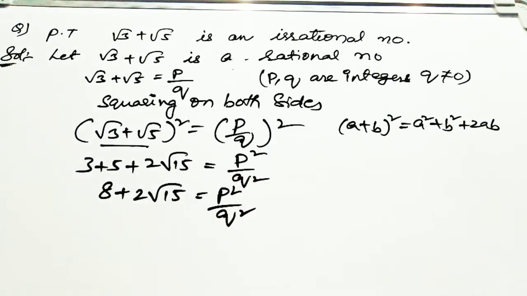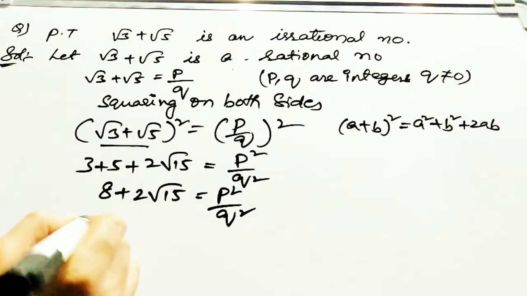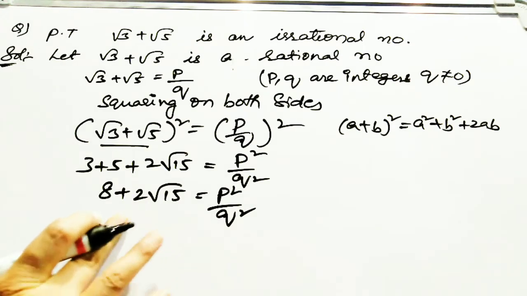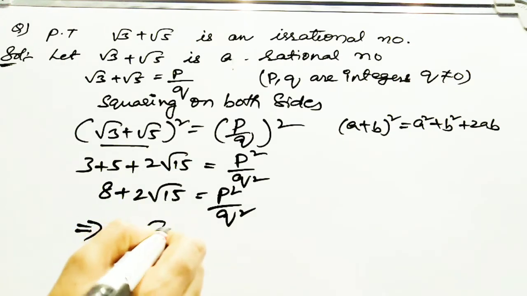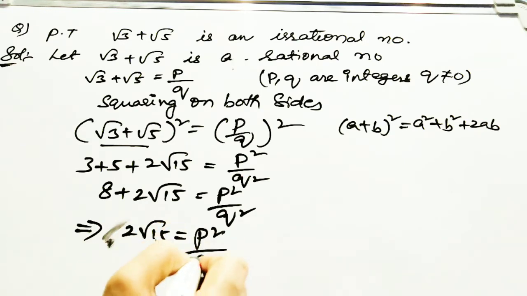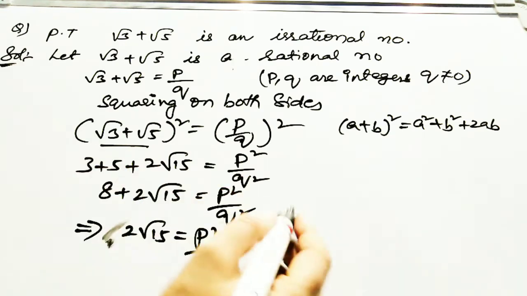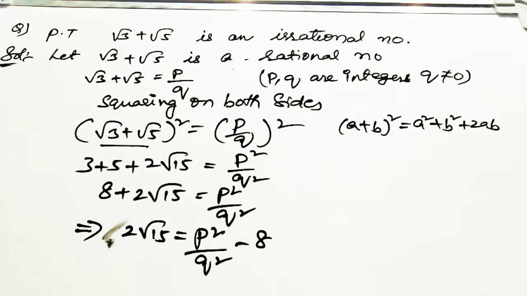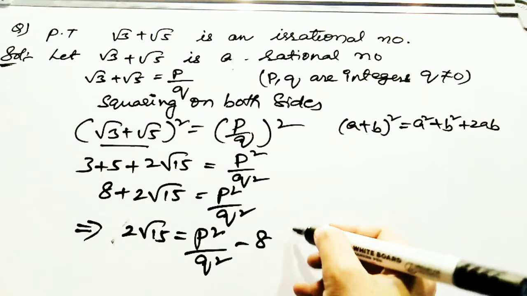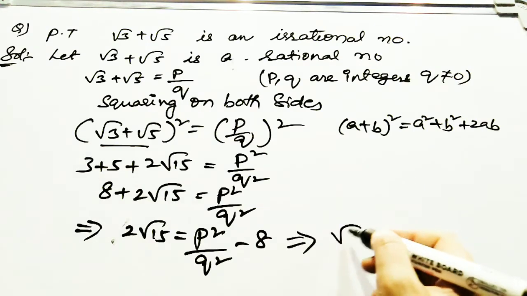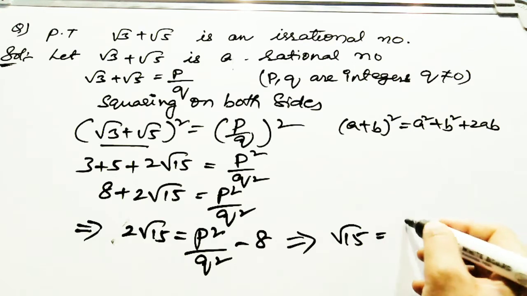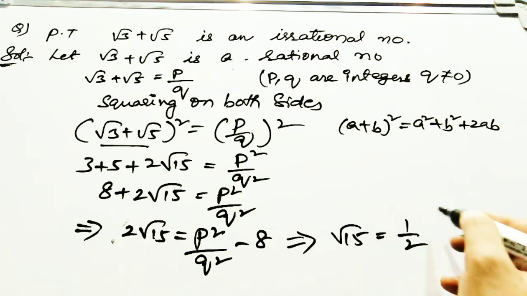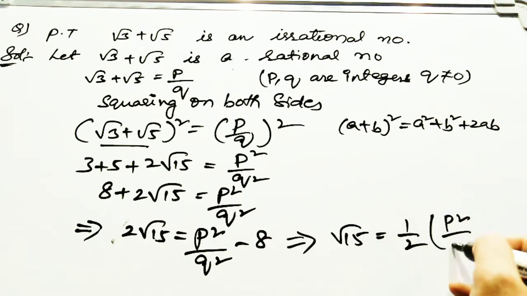Sending the constant 8 to the other side, root 15 equals 1 by 2 into (p square by q square minus 8).